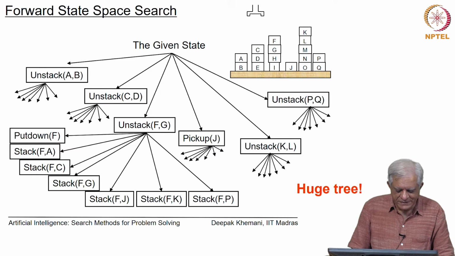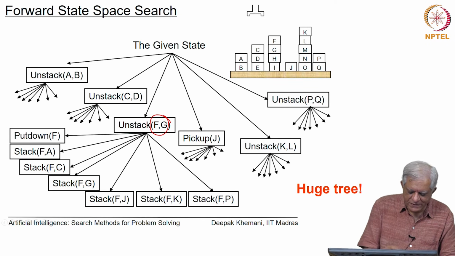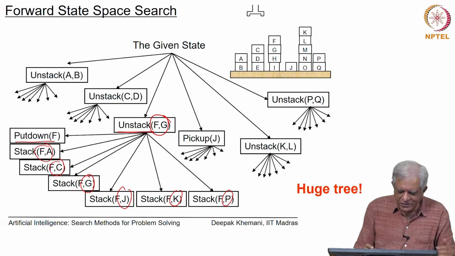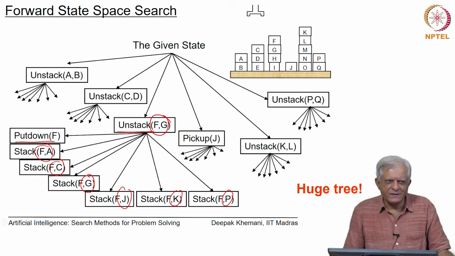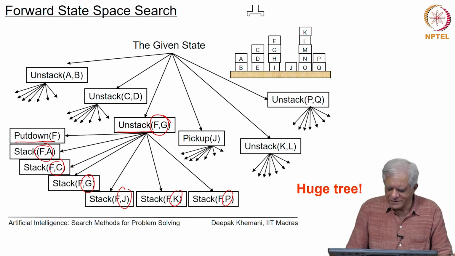For example, let us say you have done the action unstack F from G. You can either put it down on the table, or put it onto A, or onto C, or back onto G, or onto J and K, and so on. So, you can see that the state space that we have to explore here is a very large state space.